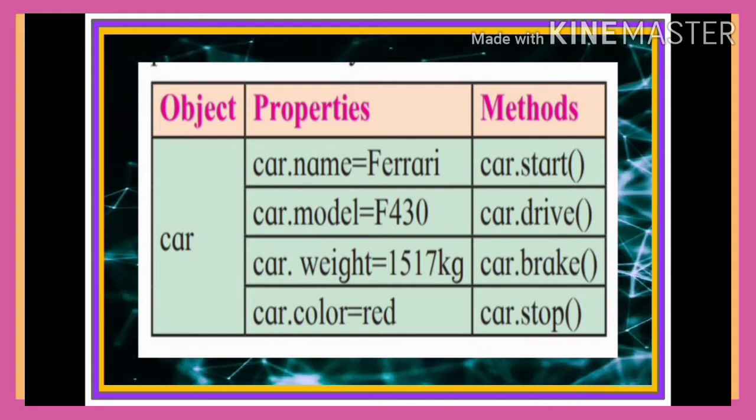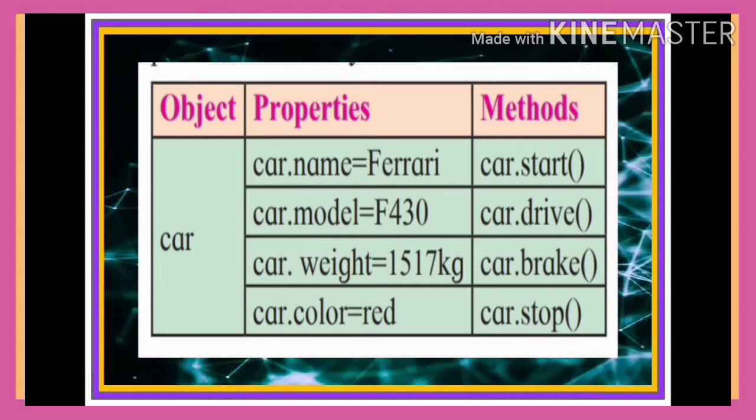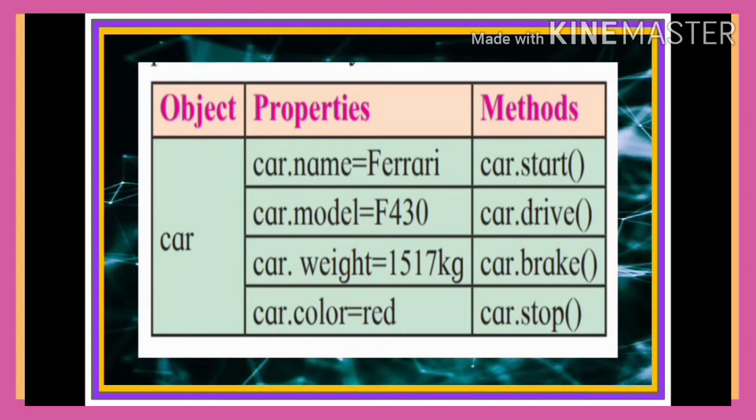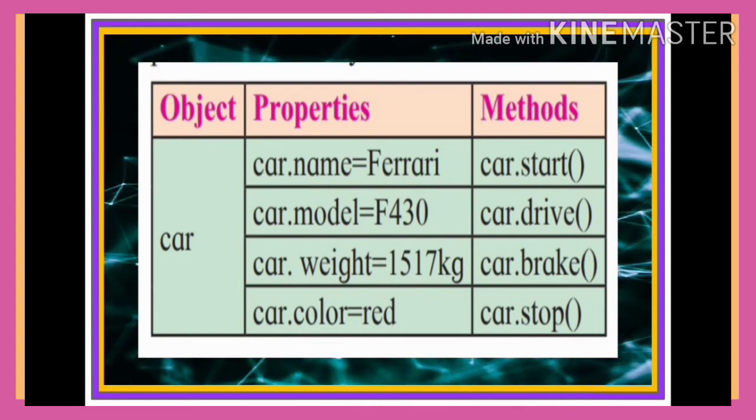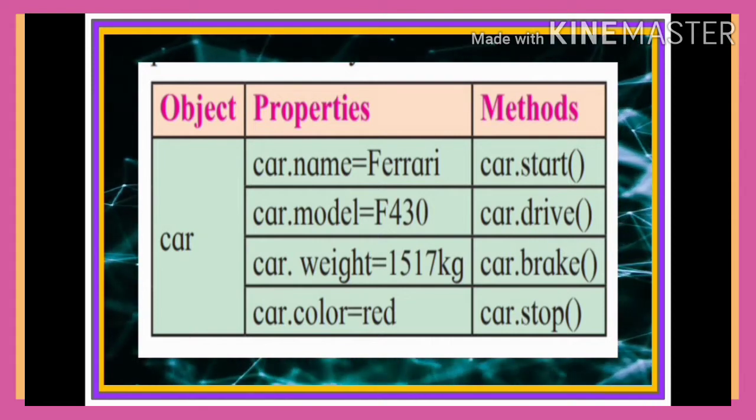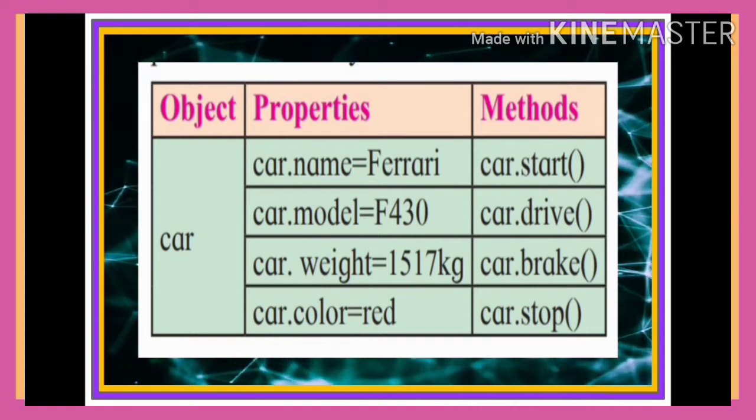For example, car.name = Ferrari, car.model = F430, car.weight = 1517 kg, car.color = red. Also methods: mention the car object with the method name, car.start, car.drive, car.brake, car.stop, etc.